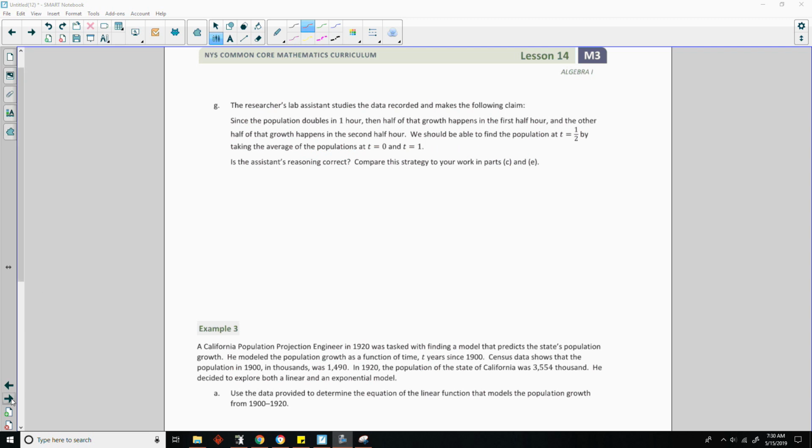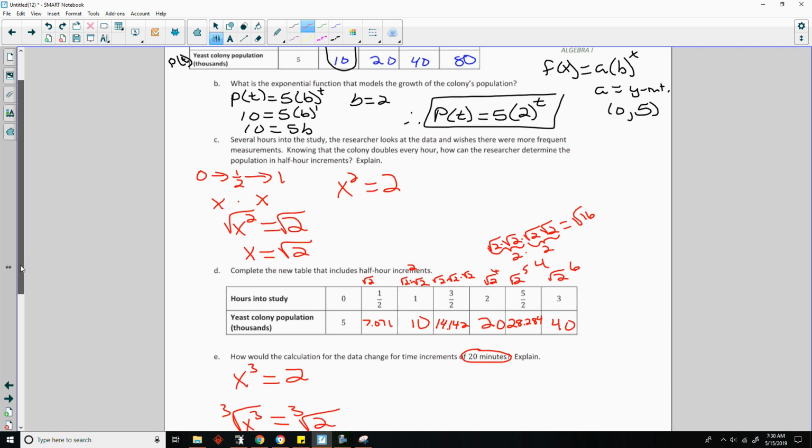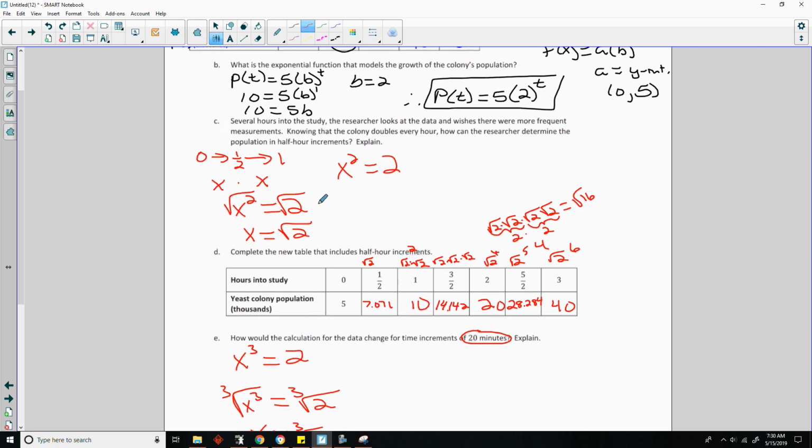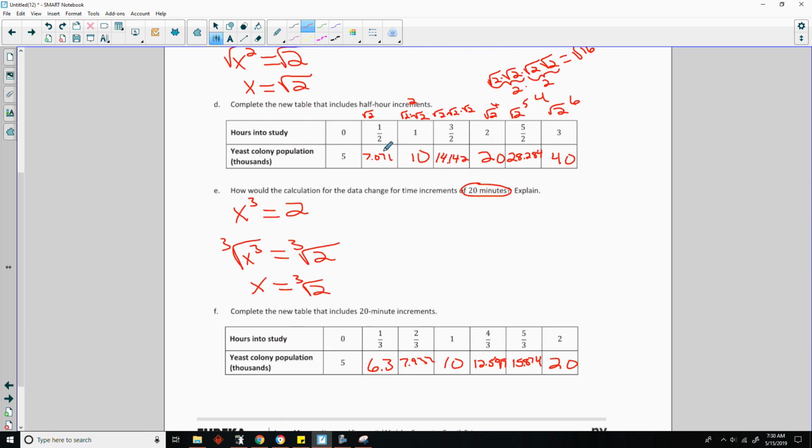C and E. So if I go back and look at C and E, and I look at my tables D and F, well, shouldn't this be 7.5, 10, 15, 20, 30, 40? Isn't 30 the average of 20 and 40? 20 plus 40 is 60, divided by 2 is 30.